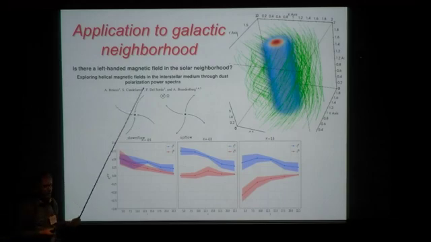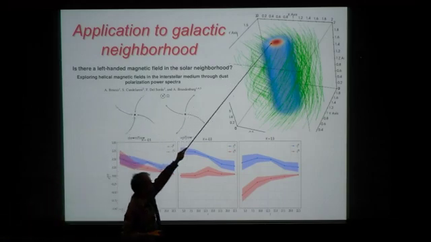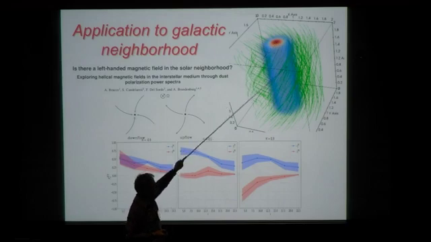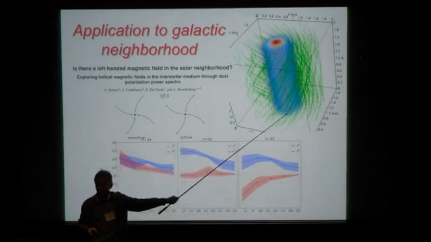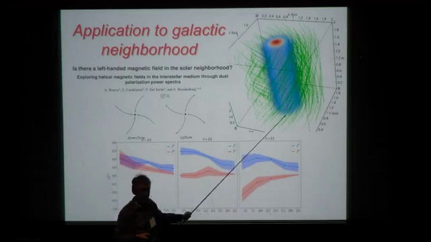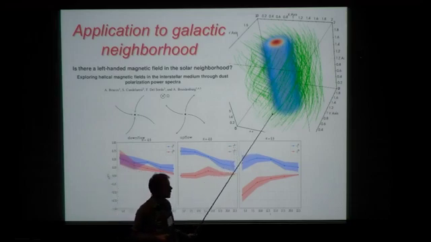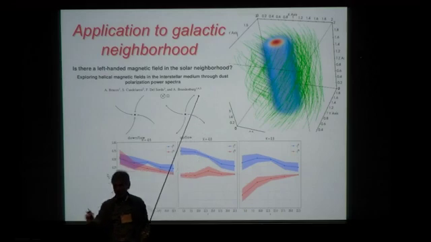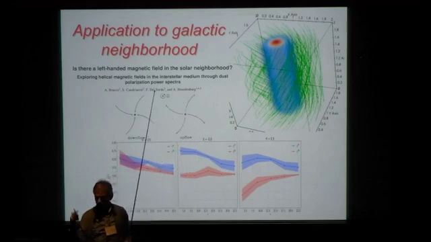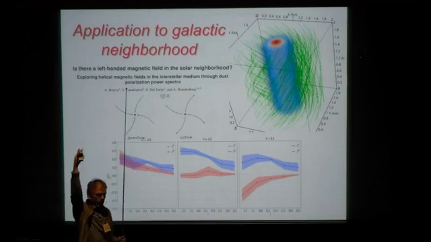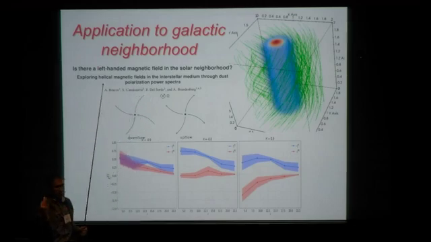What, however, if we position ourselves somewhere inside the cylinder? And so now we are thinking of a completely different thing. We are not thinking of this being a filament, but of this being a large-scale magnetic field around us in the solar neighborhood, which has both an axial component along an axis and a toroidal component.